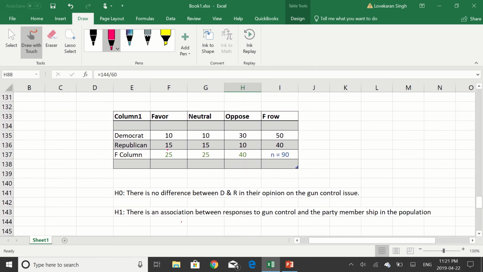We will fail to reject the hypothesis if there is no difference between Democrats and Republicans in their opinion on the gun control issue, and we will reject it if there is an association between the responses to gun control and party membership in the population.